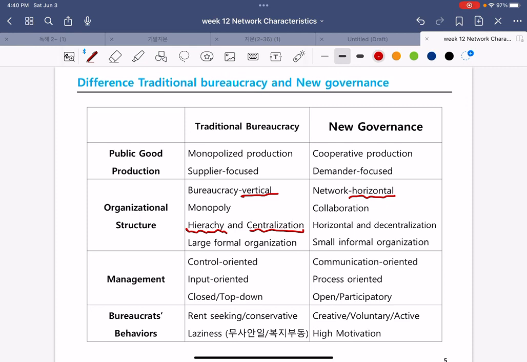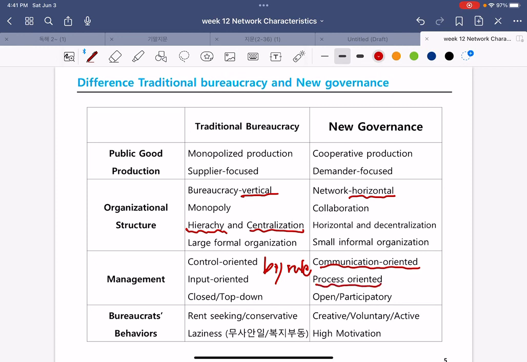How? By rules, by strict rules. The traditional government tries to control so many public employees, but in the new governance, rules are not important. Voluntary communication and horizontal communication are very important to produce good public services.